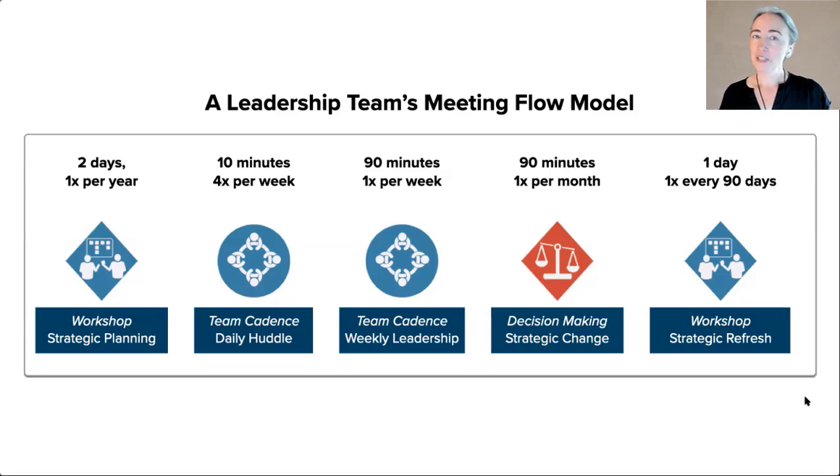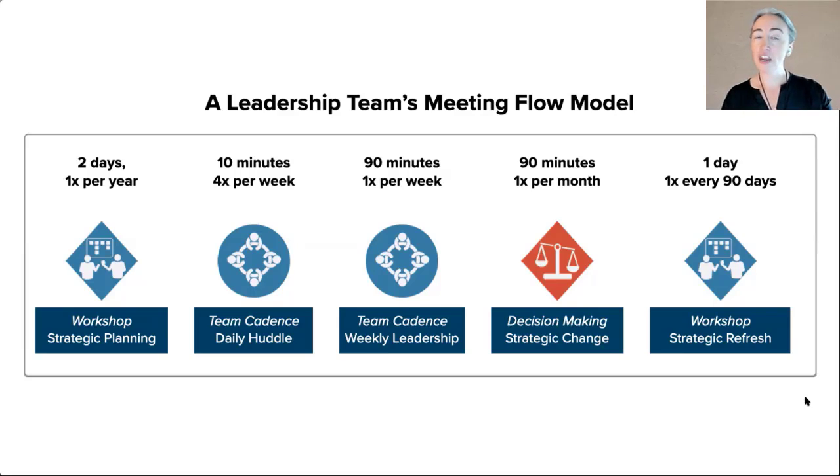When a leadership team has a meeting flow model like this, when each one of these meetings has a design that says this is what we will do in this meeting, this is when we'll do it, this is what we get for having done it, that team knows how they will set their strategy, how they will check their progress, when they will make decisions should something need to change, and how they will solve problems together.